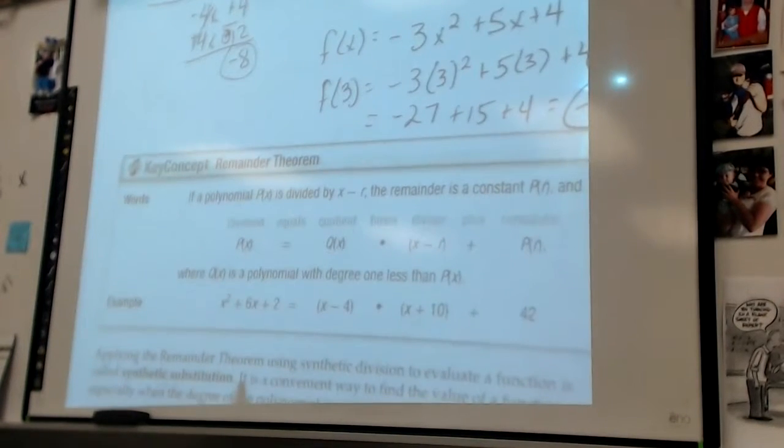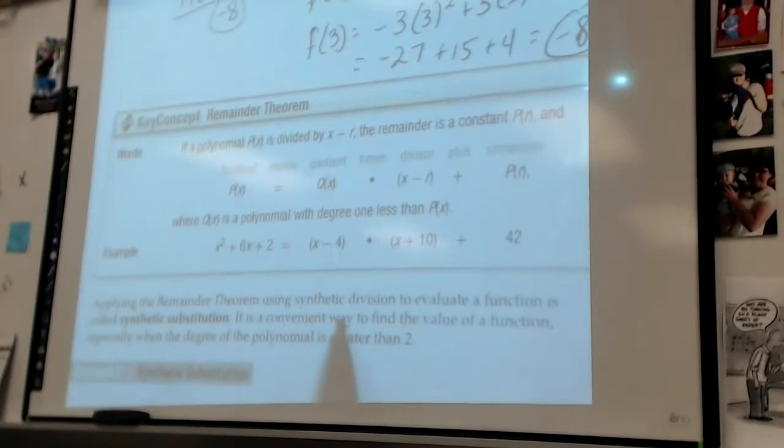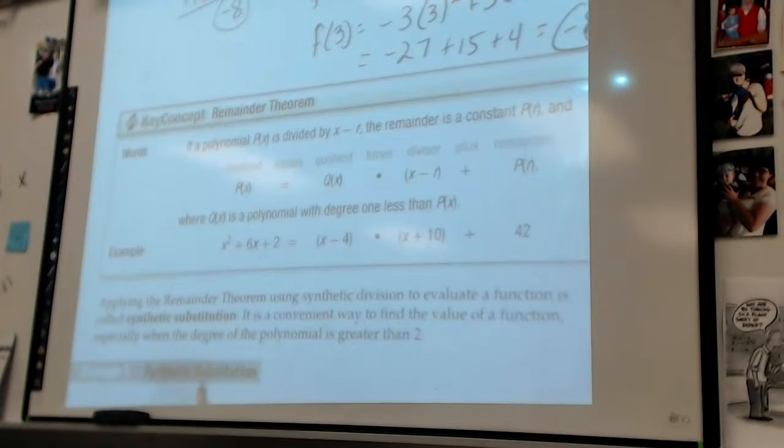Applying the remainder theorem using synthetic division to evaluate a function is called synthetic substitution. It is a convenient way to find the value of a function, especially when the degree of the polynomial is greater than 2. If you have a polynomial like 8th degree, that's a lot of x's to plug a number in for.